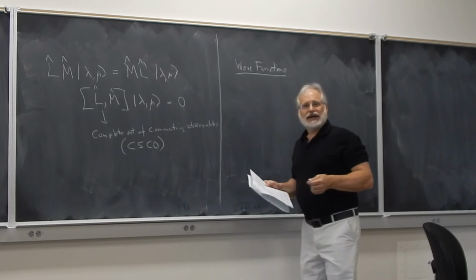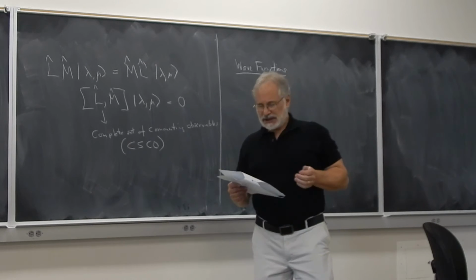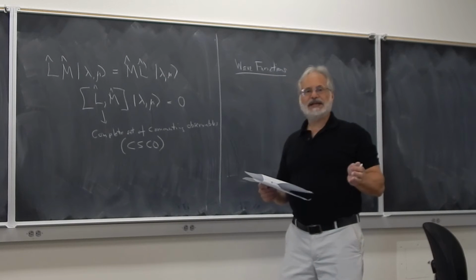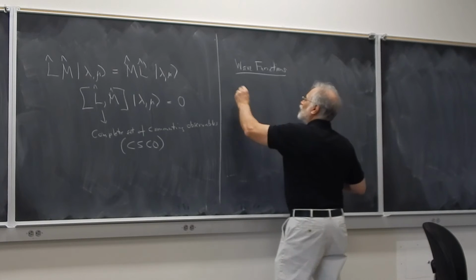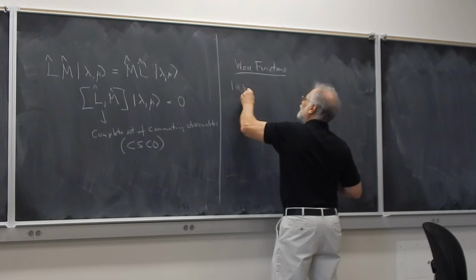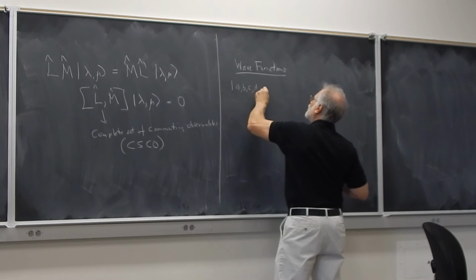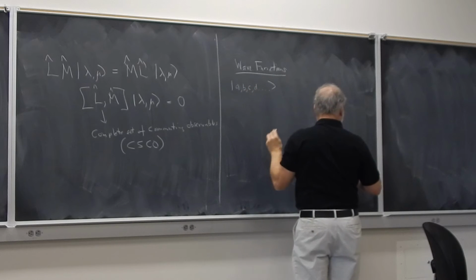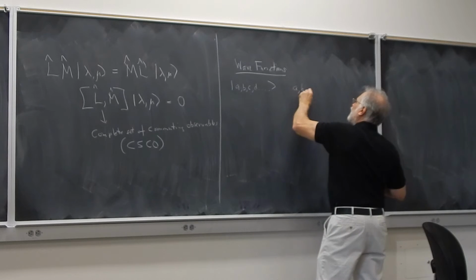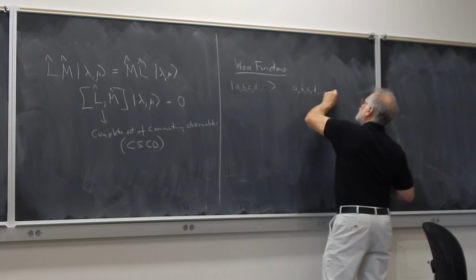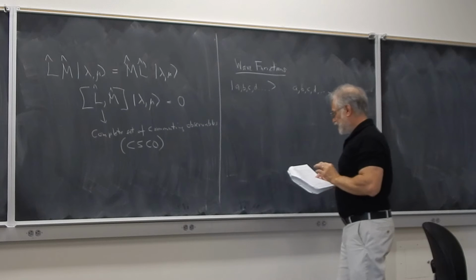This is the way we're going to explain wave functions. Suppose I have a basis of states for a quantum system. Let's suppose the orthonormal basis vectors are the kets A, B, C, D, onward, and let's say that you have corresponding eigenvalues, A, B, C, D, and so on and so forth.